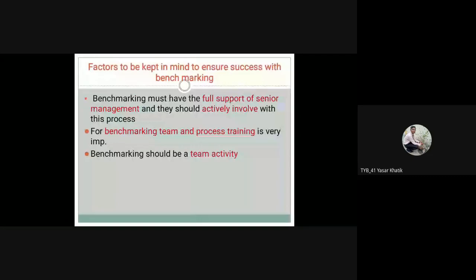So for doing the benchmarking, we have to have one separate benchmarking team in any organization. Benchmarking should be a team activity. It is not done by a single person. So we have to create one separate team for the benchmarking, those who have the talent to complete that benchmarking activity. Okay.